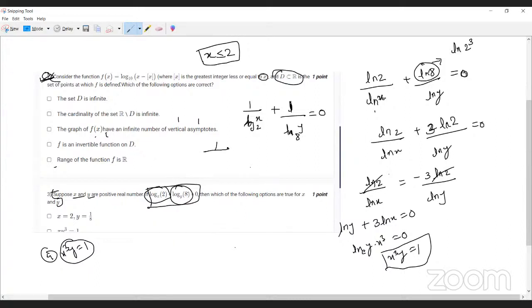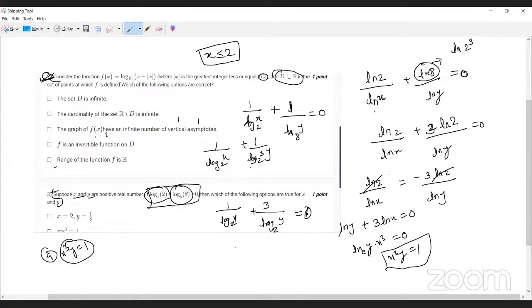So 1/3 we can bring outside, and then 1 by 3 will come this side, so 3 will go in the numerator. So 1 by log x to the base 2 plus 3 by log y to the base 2 equals 0.